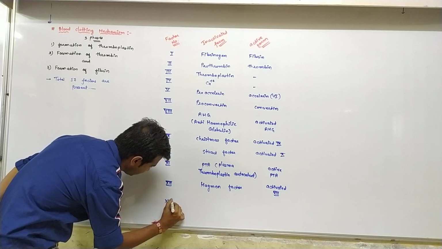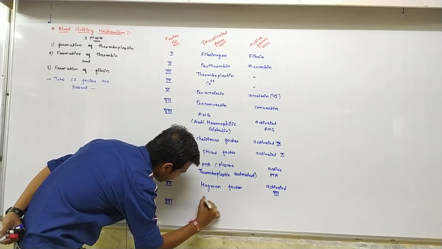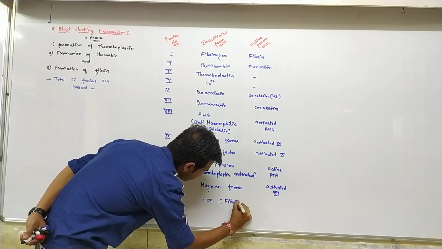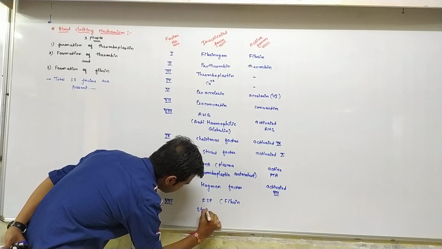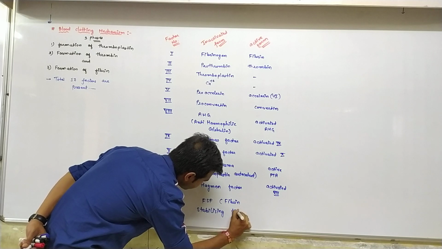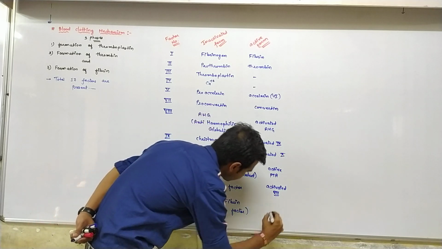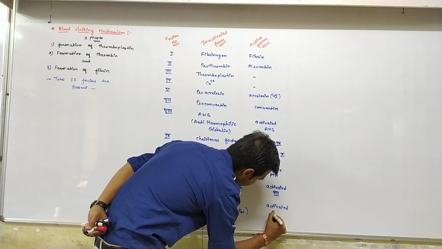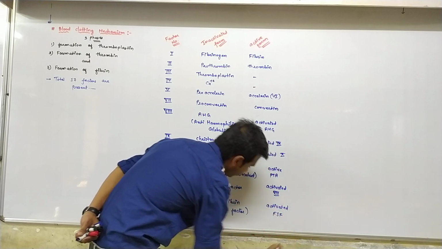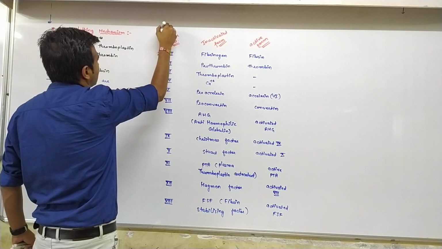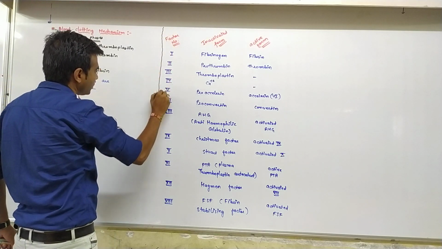And the last one, 13th factor, FSF, fibrin stabilizing factor. Activated FSF. So these 13 factors are useful for clotting of blood.